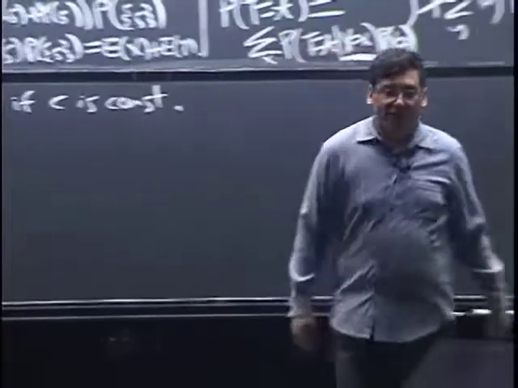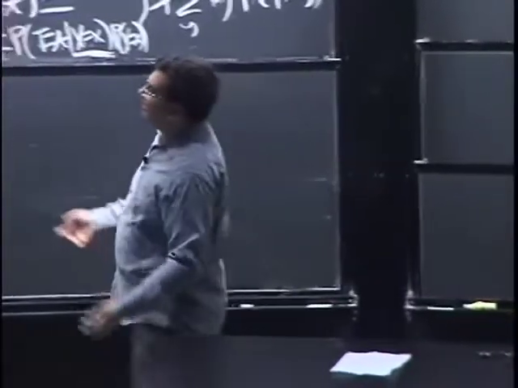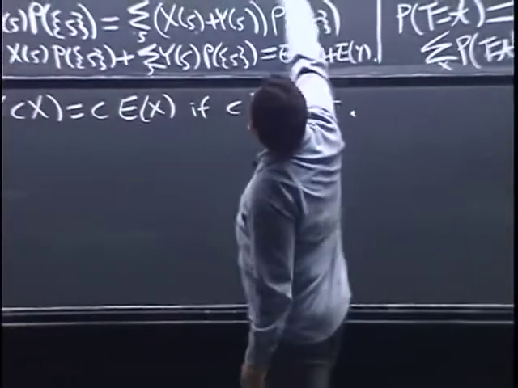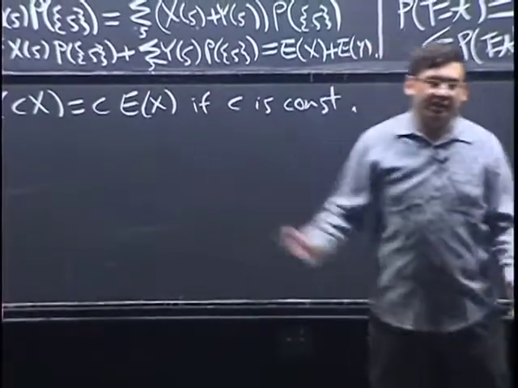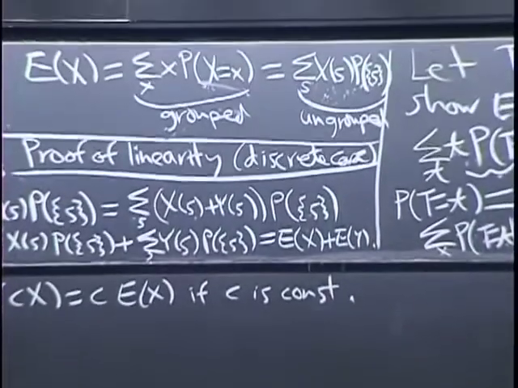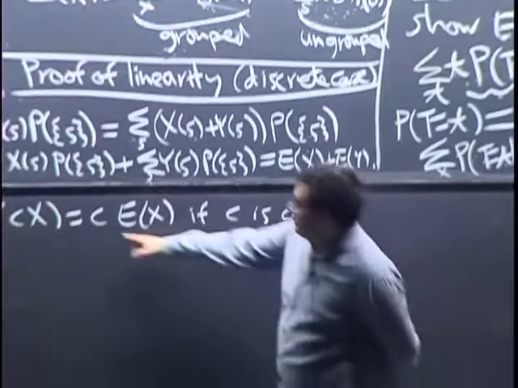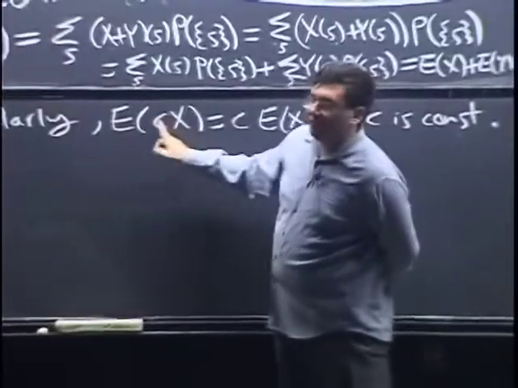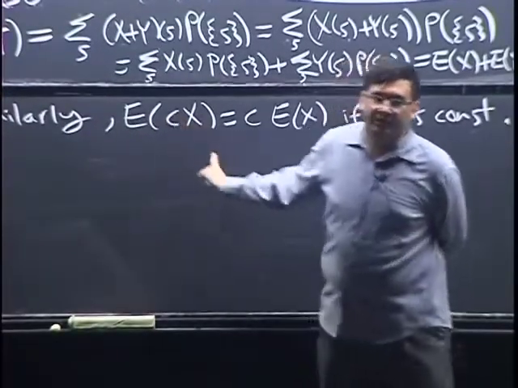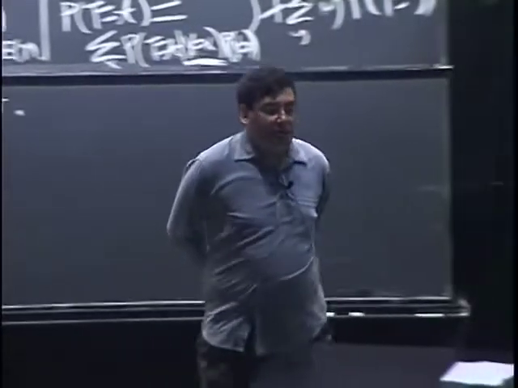That's the other part of linearity. To see that, just use the same thing again: multiply both sides by c, take out the c. This one is more intuitive, I think, because it just says the expected value of 2 times x is twice the expected value of x. So we use that a lot.